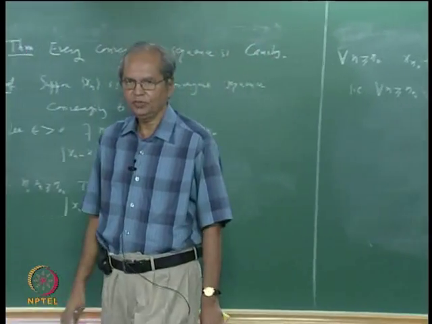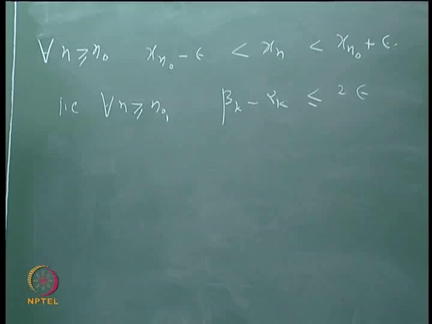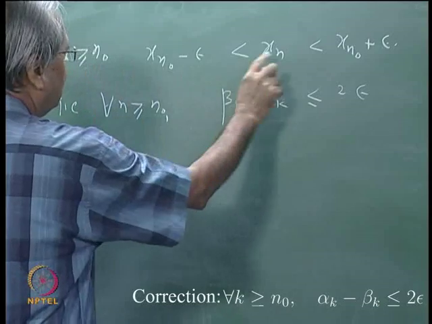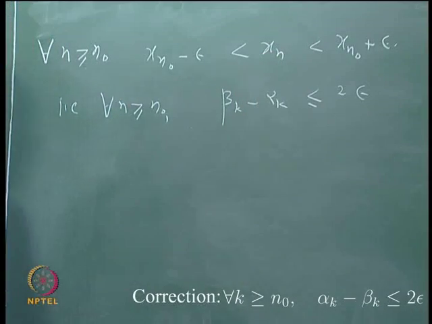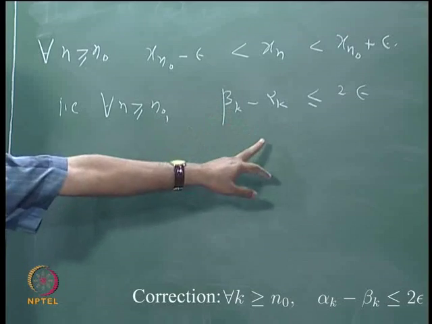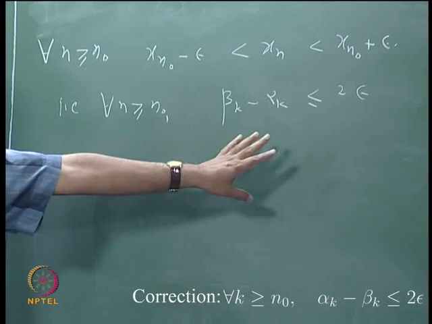Do you agree? Remember all of xn are lying between xn0 minus epsilon and xn0 plus epsilon. So for k bigger than or equal to n0, alpha k must be less than xn0 plus epsilon and beta k must be bigger than xn0 minus epsilon. So the difference between beta k and alpha k must be less than 2 epsilon.